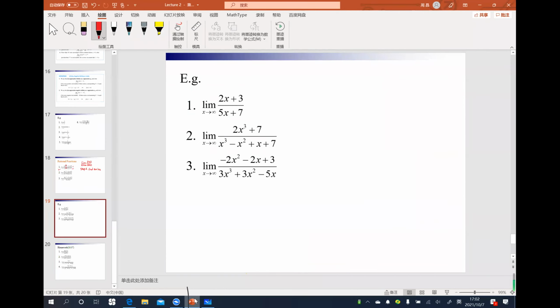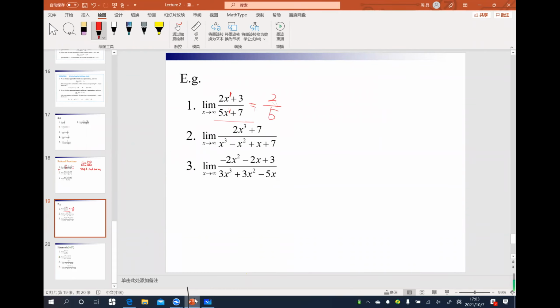For example, here, exercise number 1 and number 2. Question number 1, you will see both the numerator and denominator, the highest power is 1, right? Here 1, here 1. So the limit must be 2 by 5. You can check after class.